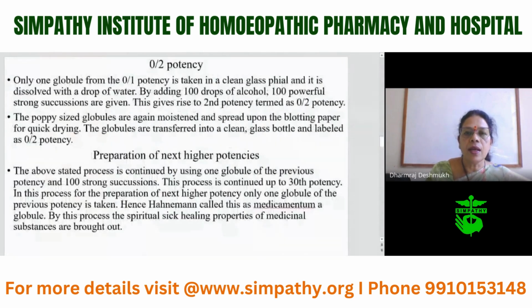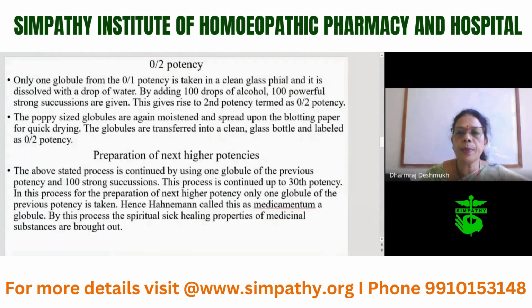After that, how to prepare the 0/2 potency? Every time you want to prepare the next potency, you have to convert it into globule form, and from that you can prepare the next potency, that is the 0/2 potency.